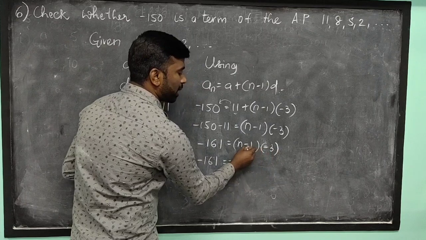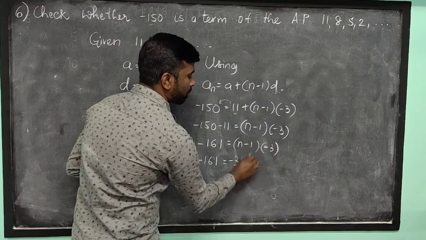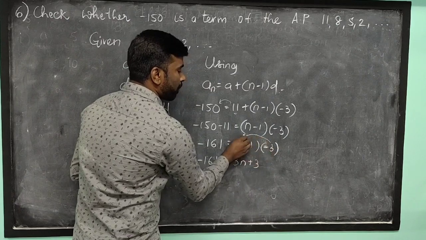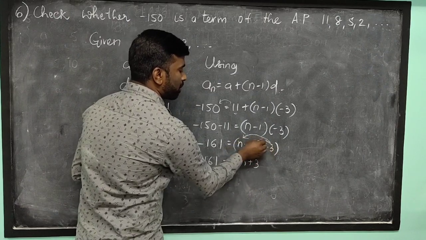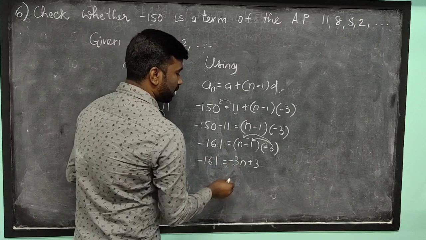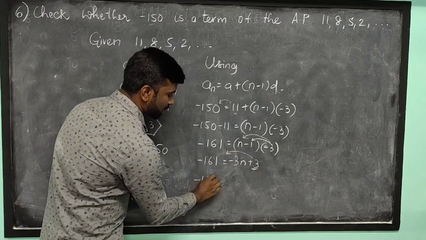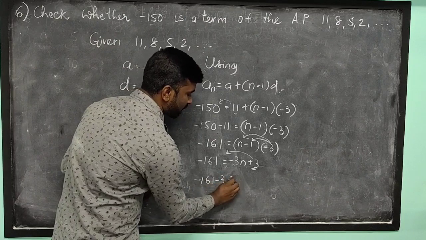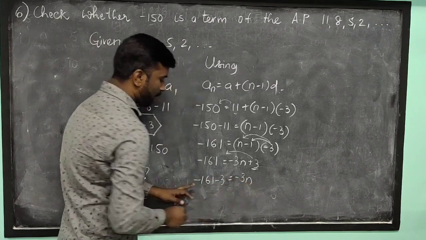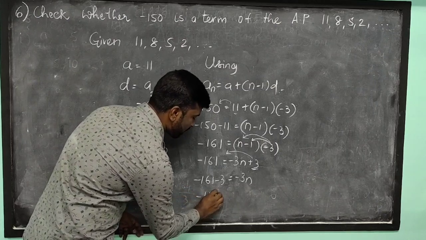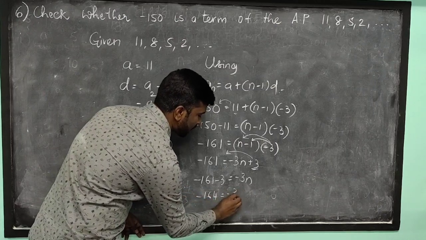Then minus 3 into minus 1 is plus 3, minus into minus is plus, 3 ones are 3. Then shift this plus 3 to the LHS. What you get is minus 161 minus 3, which is equal to minus 3n. Minus 161 minus 3 is minus 164, which is equal to minus 3n.